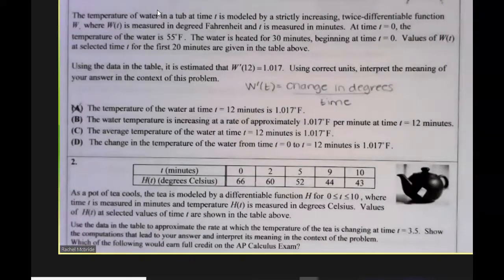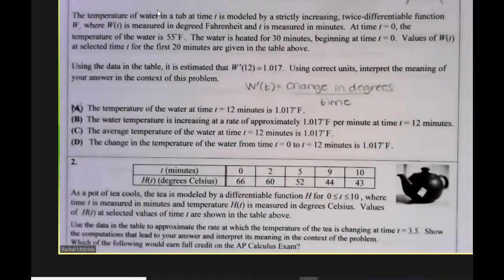So if the derivative is positive, then we are increasing at a rate, so I like the word rate, of approximately 1.017 degrees Fahrenheit per minute, so I like the time, at time t equals 12. I like answer choice B.